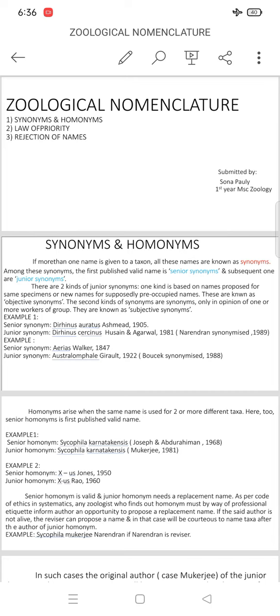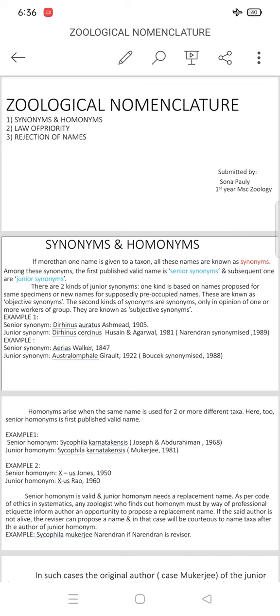The second example is senior homonym by Jones 1950 and junior homonym by Rao 1960. The senior homonym is valid and the junior homonym needs a replacement name. The senior homonym is a valid name and the junior homonym needs a replacement name.